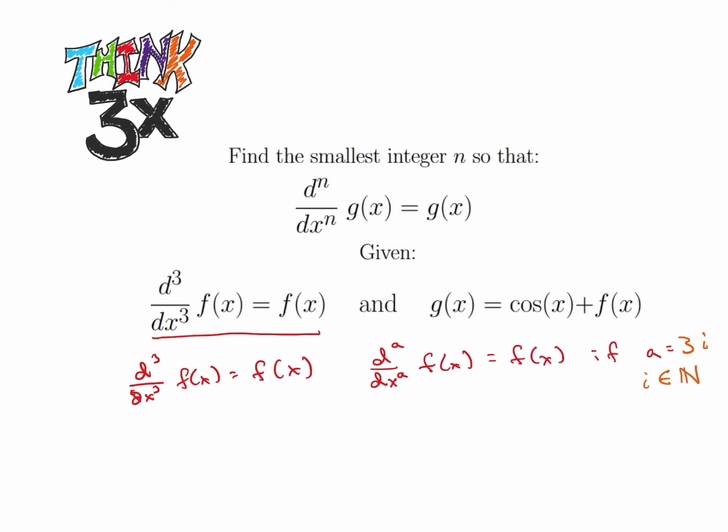So if I take i equals 1, then the third derivative is going to be equal to f of x. If I take i equal 2, the sixth derivative, ninth derivative, so any derivative that's a multiple of 3 is going to be equal to f of x.